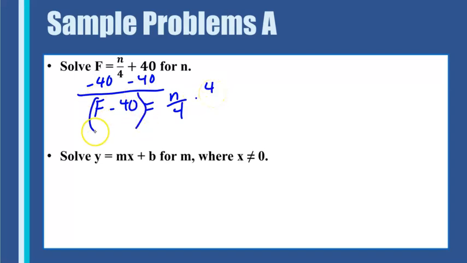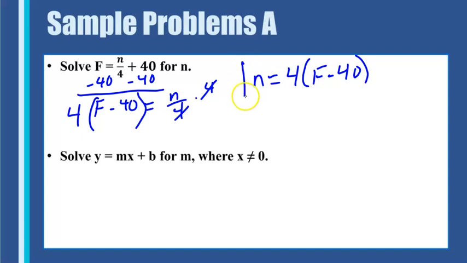That means I've got to multiply this whole side by 4. So now I have n equaling 4 times F minus 40. Now you could distribute the 4, but you don't need to because we're just trying to rewrite the equation they gave us. So n equals 4 times parentheses F minus 40.